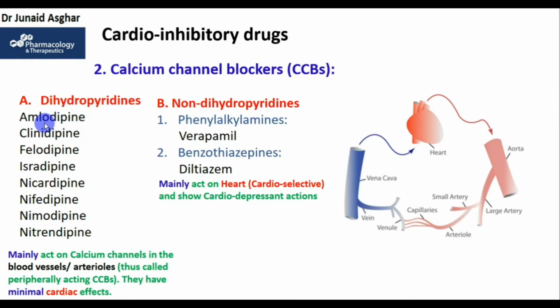Dihydropyridines include amlodipine, clinidipine, felodipine, isradipine, nicardipine, nifedipine, nimodipine, and nitrendipine. Whereas non-dihydropyridines are further classified into two different chemical classes: phenylalkylamines, the drug is verapamil, and benzothiazepines, the drug is diltiazem.